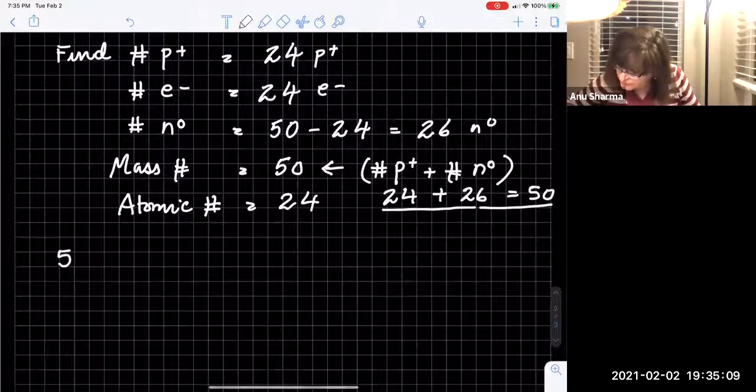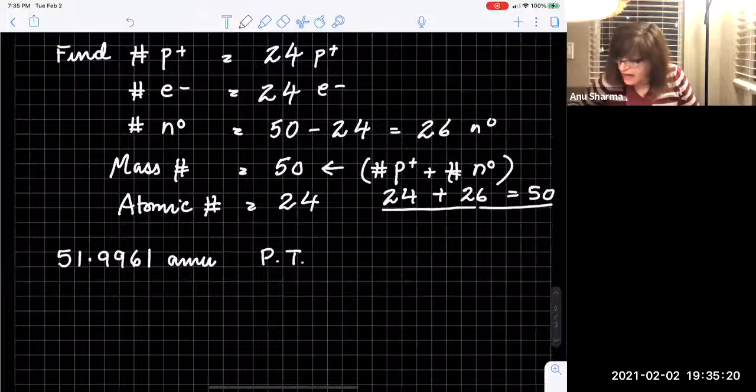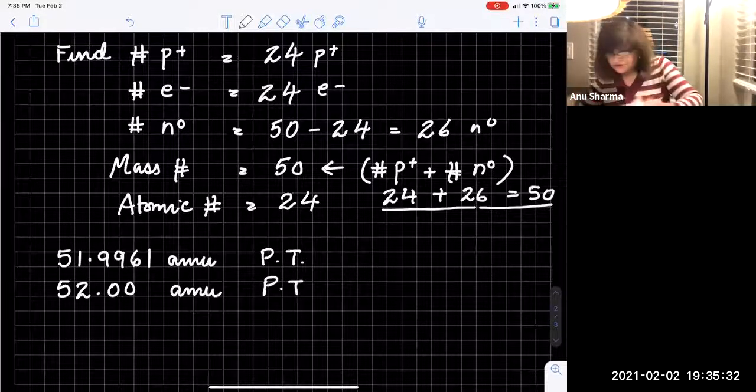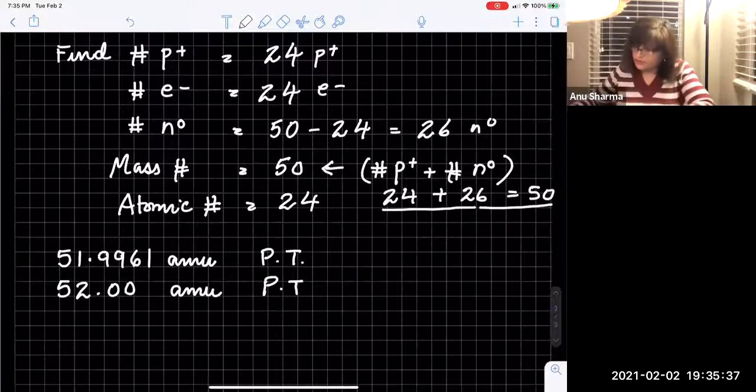This one periodic table is showing that. The one that I have is showing 52.00 atomic mass units. Let me look at this one, yes, another book is also showing 52.0. So every periodic table is showing a little discrepancy.